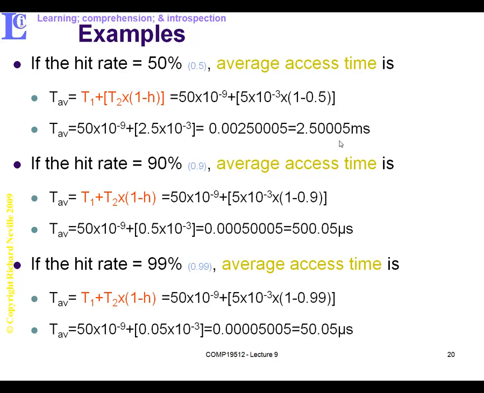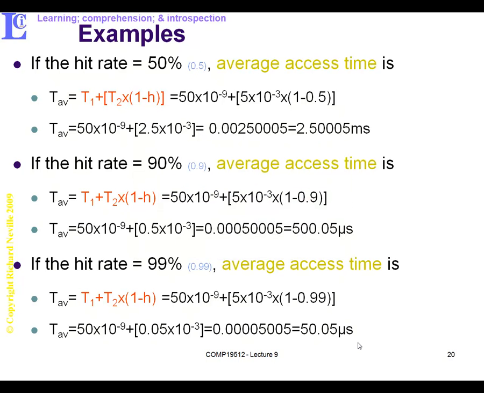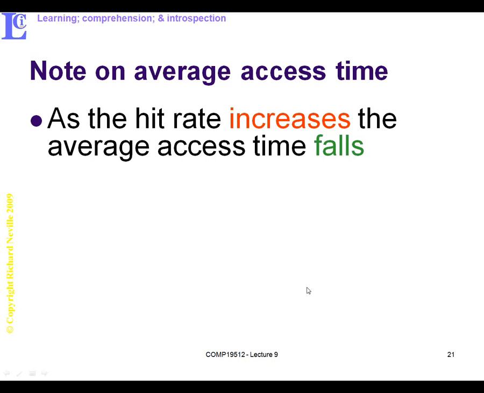So if most of the data isn't in the primary memory, then the average access time is very, very slow. But as soon as it is, the average access time is very, very low when we're hardly ever accessing M2, and the majority, 99%, of accesses are to M1. So this is a very good equation, aligned to hit rate, for assessing the average access time of a two-level memory.